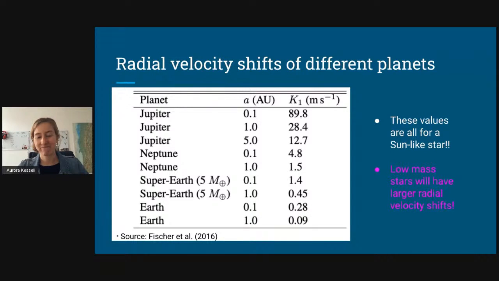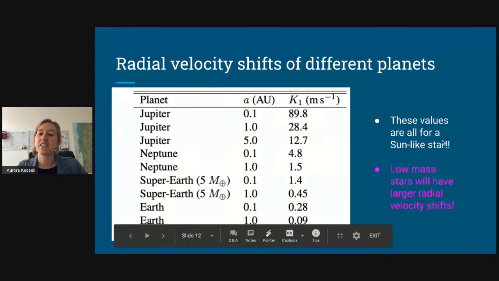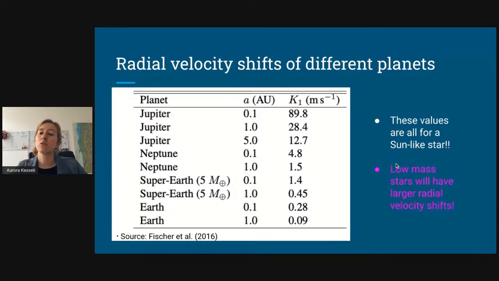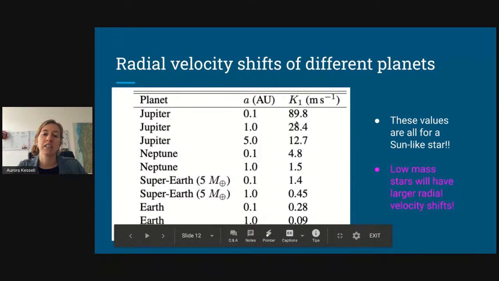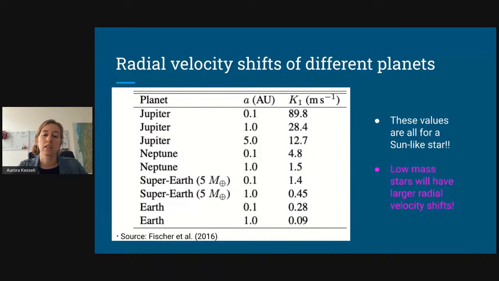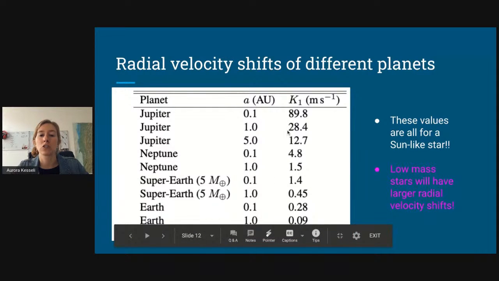But we'll talk later about what we've been doing to try to do this. All these values, remember, are for sun-like stars. If we go to lower mass stars, because the star's mass is smaller, the center of mass will be farther away from it, and so these types of planets will have larger velocity shifts if the star is lower mass.